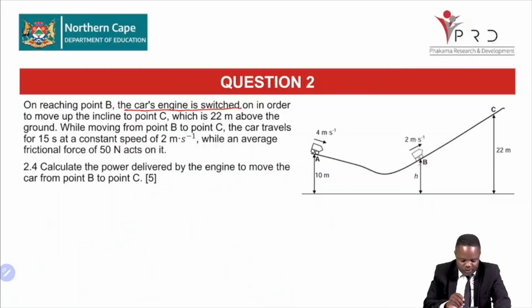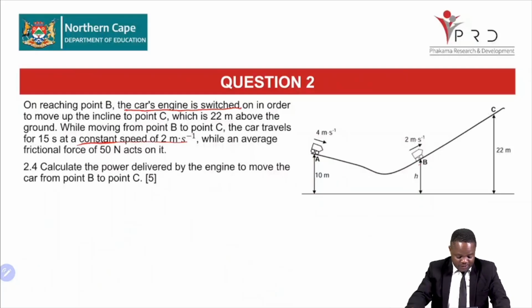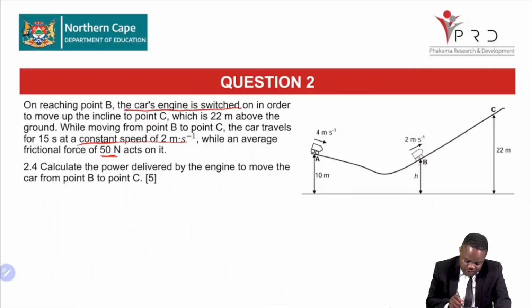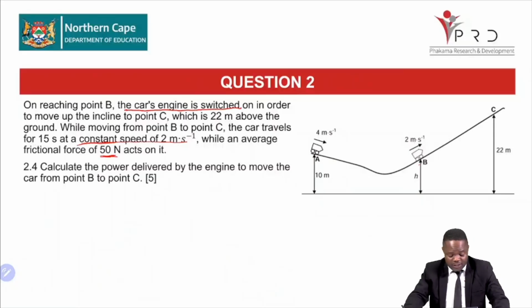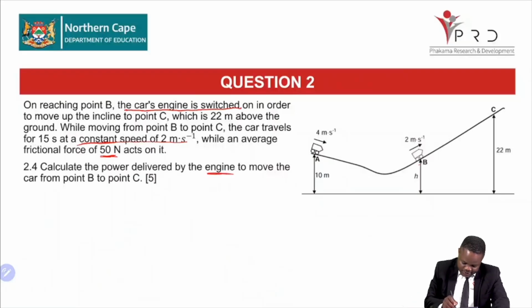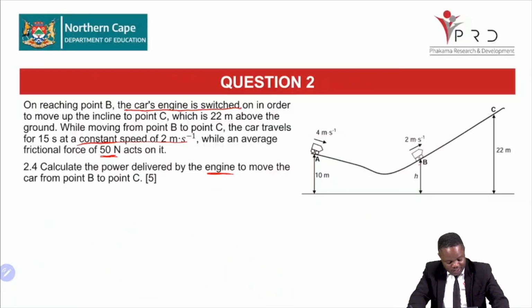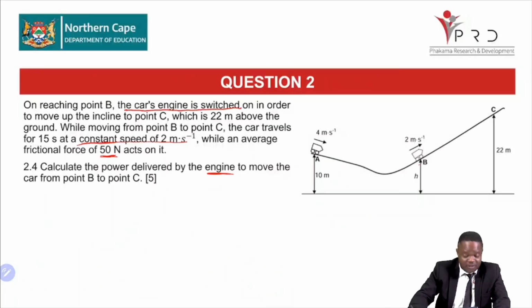Now, in order to move up the incline at C, which is 22 meters above the ground, while moving from point B to C, the car travels for 15 seconds at a constant speed of 2 meters per second, while an average frictional force of 50 newtons acts on it. Calculate the power delivered by the engine to move the car from point B to point C.